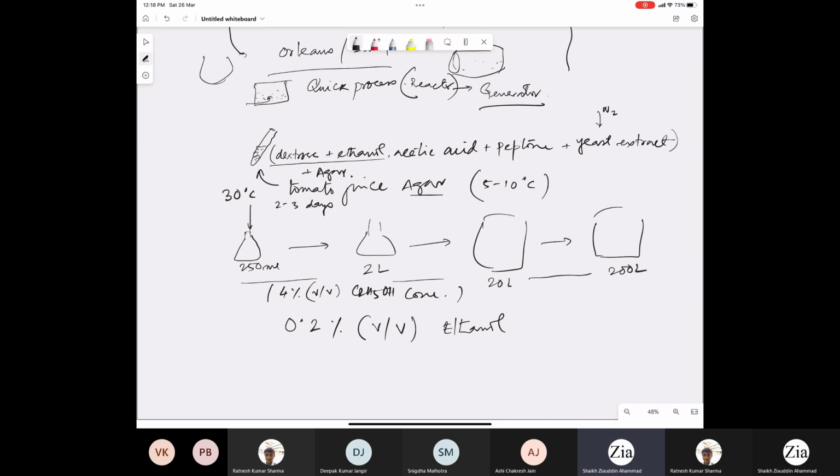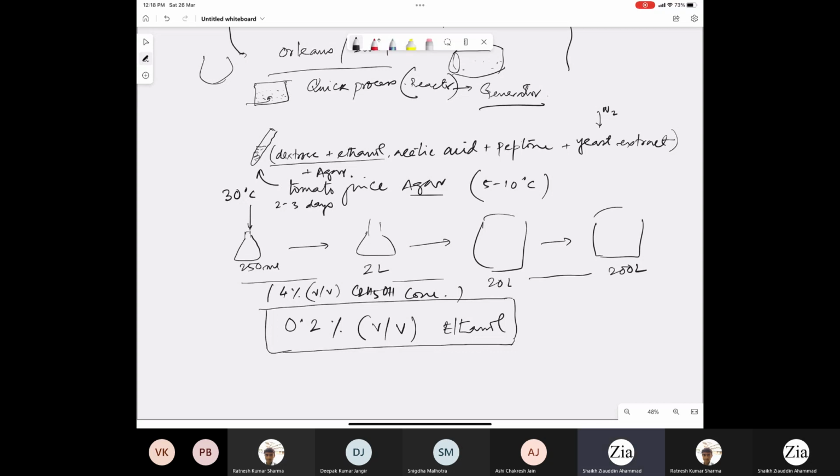And if I write down the equation, you will see that from 1 mole ethanol, you will get 1 mole acetic acid. Now, this 0.2% ethanol is kept in the reactor to maintain the cell viability.